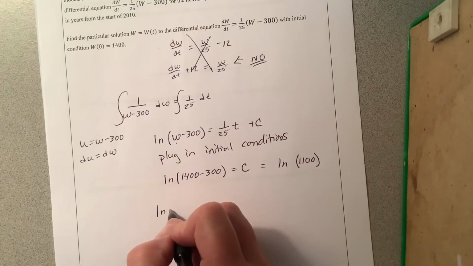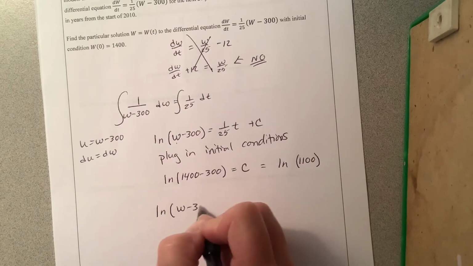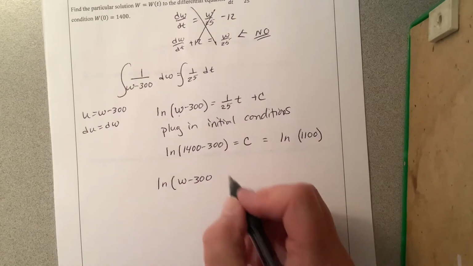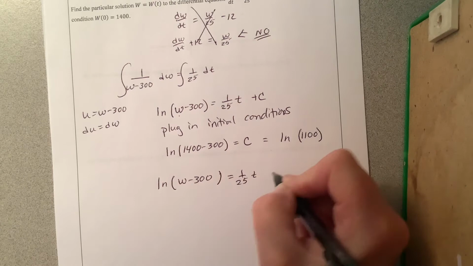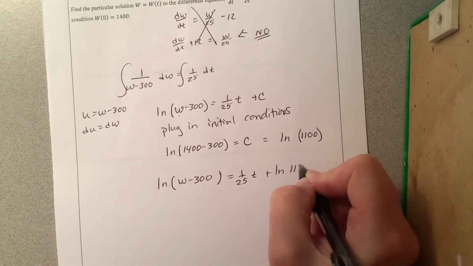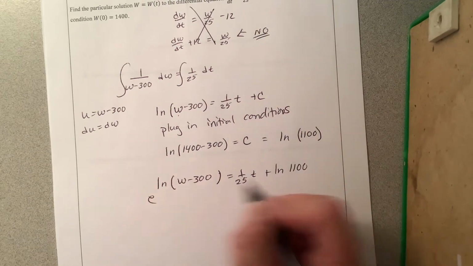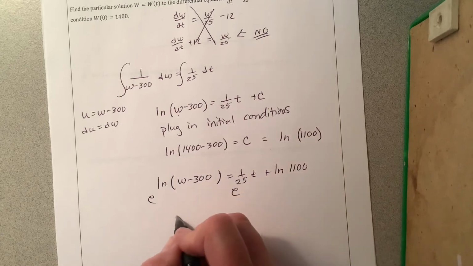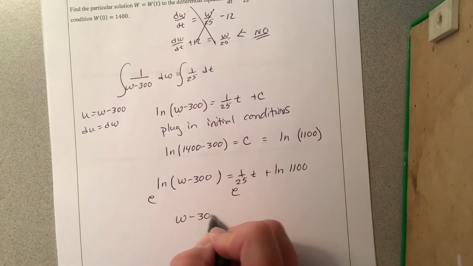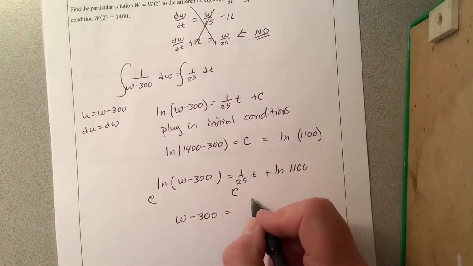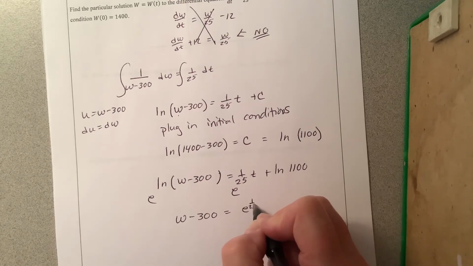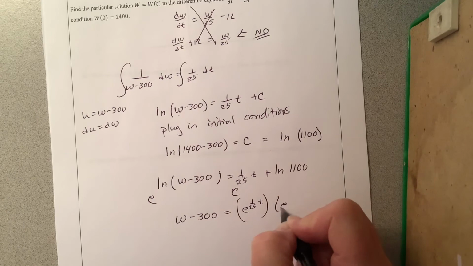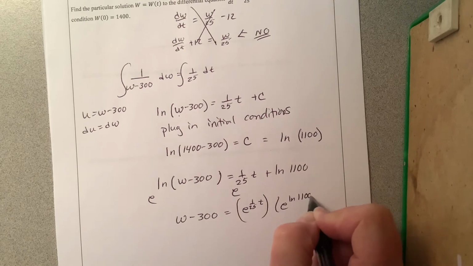So plug that into your equation. 1/25 t plus ln of 1100. e to the power, this becomes W minus 300. This becomes e to the 1/25 t times e to the ln of 1100.